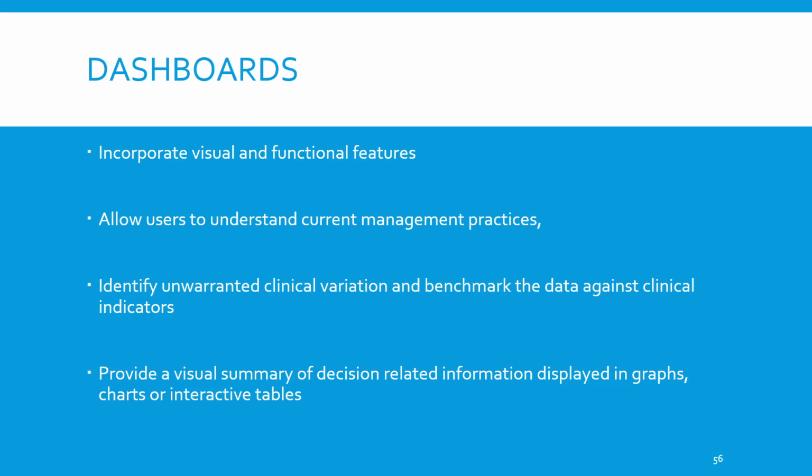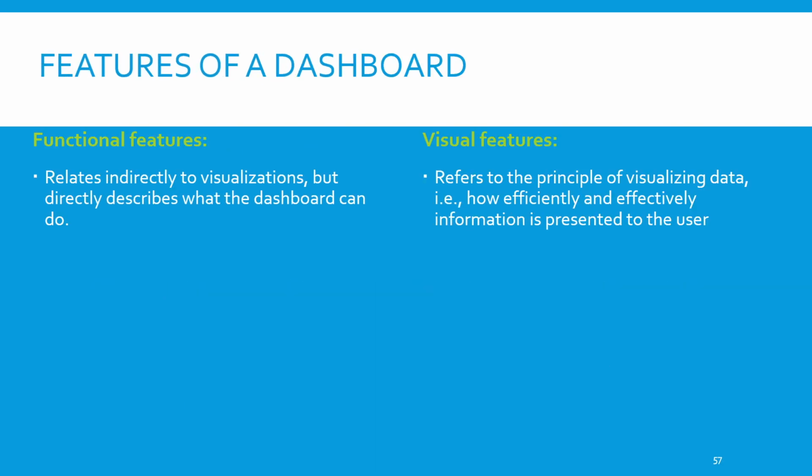Dashboards are going to incorporate visual and functional features. They are going to allow users to understand current practices or clinical variations, benchmark clinical data against clinical indicators, and they can provide visual summary decisions related in graphs, charts, or interactive tables. These are examples of dashboards, no?